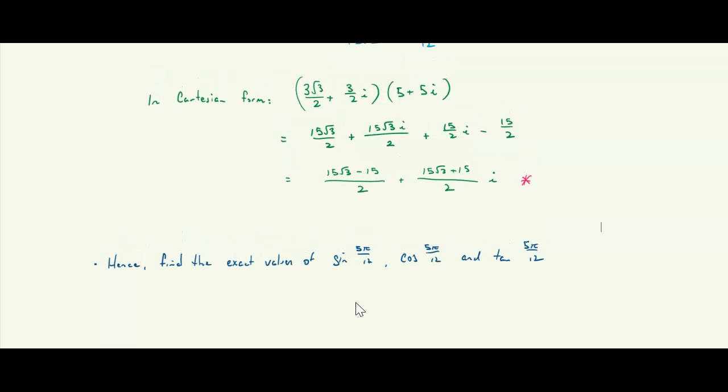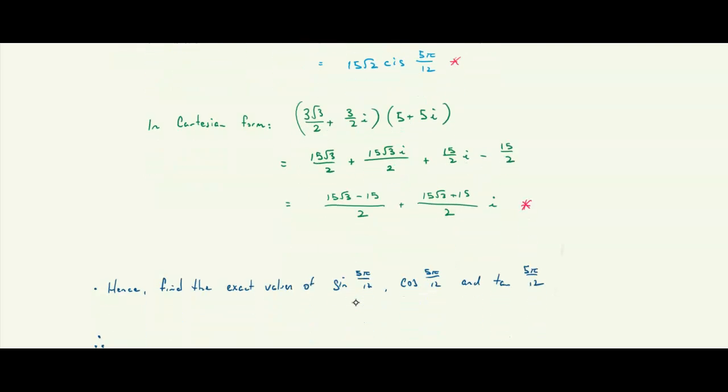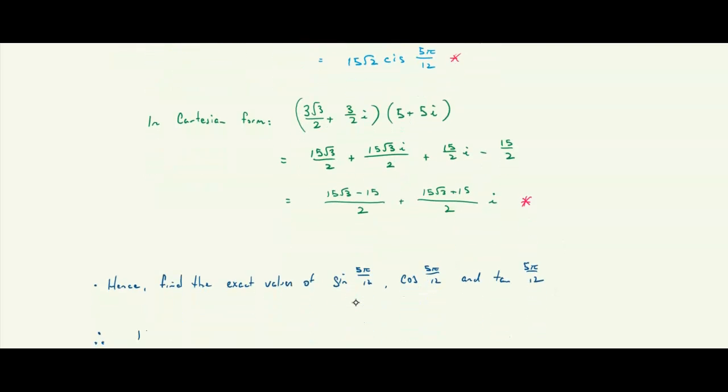Therefore, we can say, I've got two versions of the product here. So 15 root 2, and then it's cis, so cos 5 pi over 12 plus i sine 5 pi over 12.